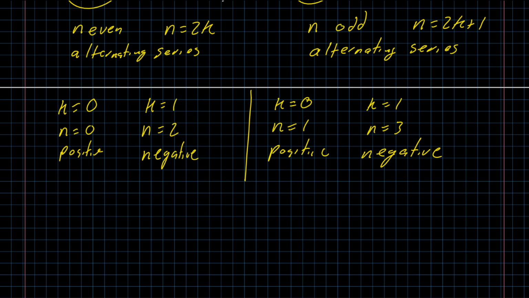Well, that's not too difficult to handle. Right? Notice that in either case, whenever k is an even number, we want the positive term, and whenever k is an odd number, we want the negative term.